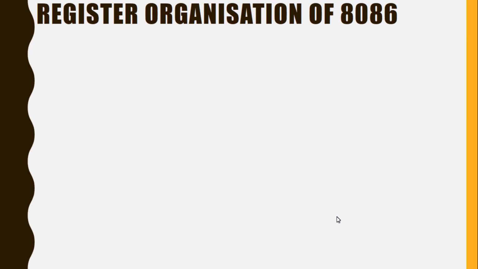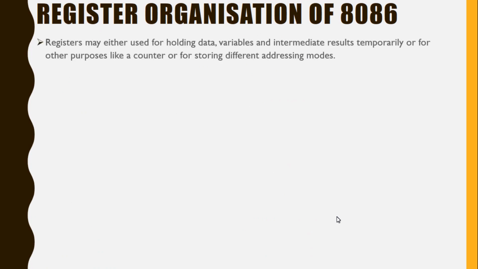So first of all, we should know what registers are. Registers may be used for holding data, variables and intermediate results temporarily, or for other purposes like a counter or for storing different addressing modes.